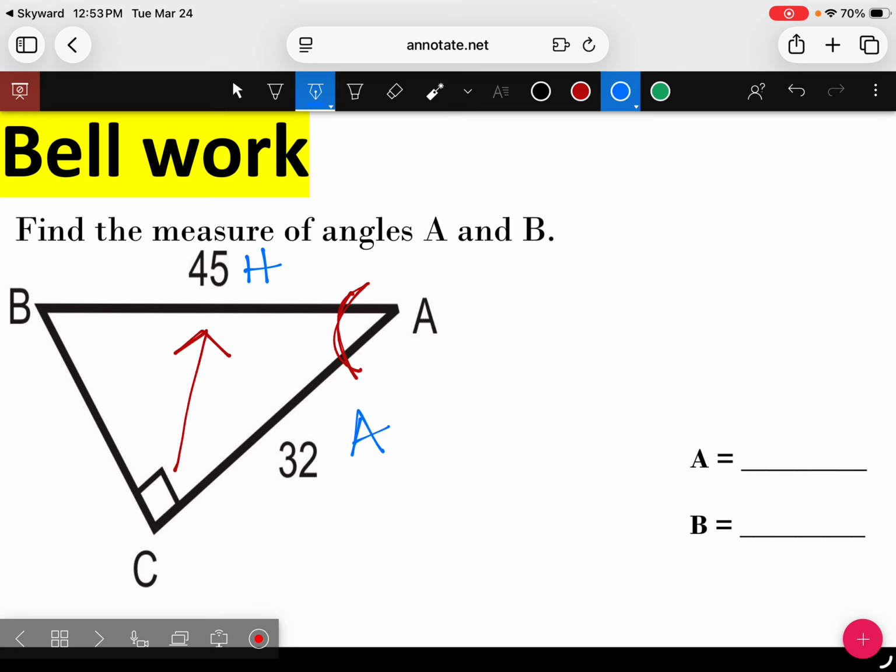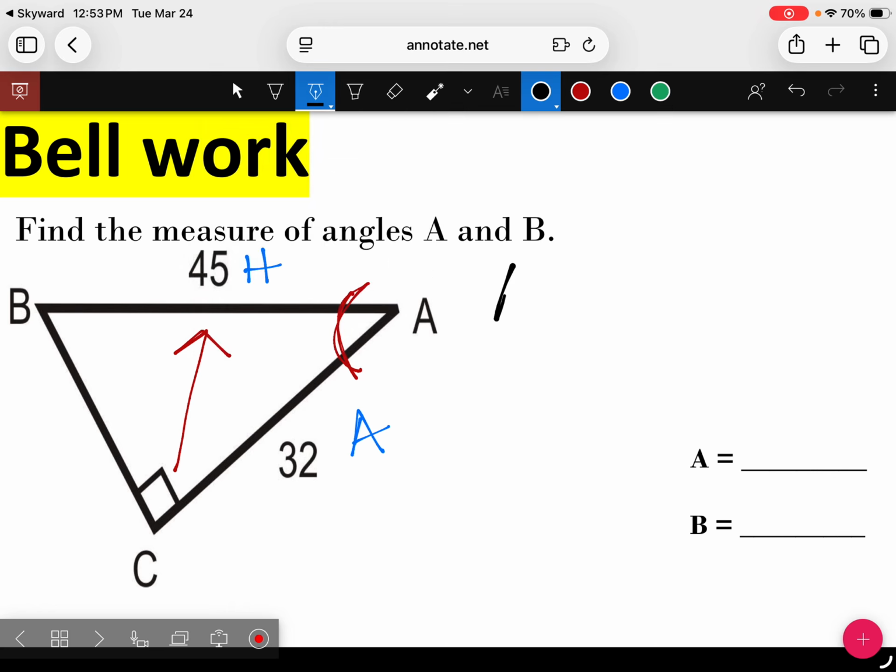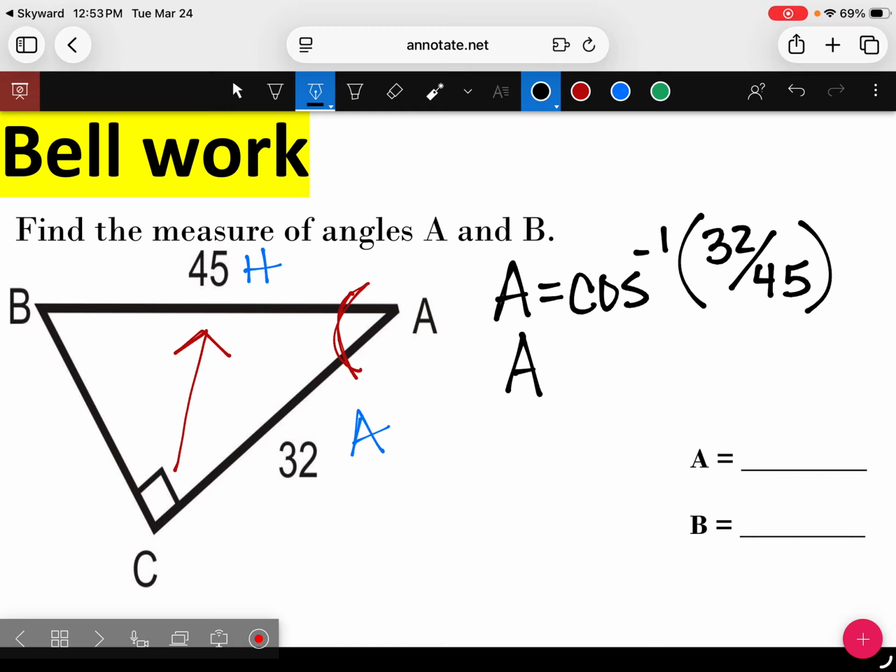So what trig ratio uses A and H? Cosine. So the measure of angle A is the inverse cosine of 32 over 45. All right, go ahead and type that in.